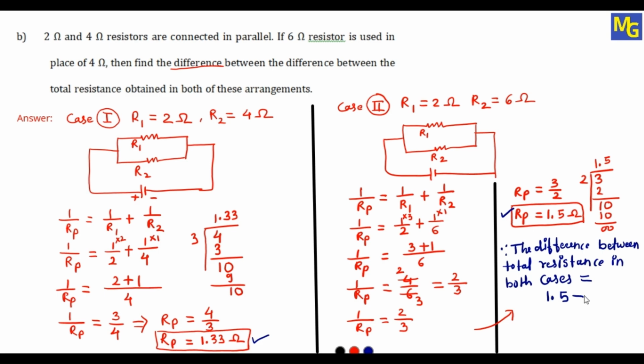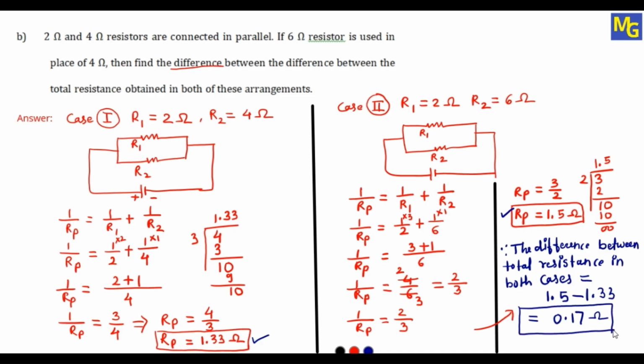The larger number we write first and then the smaller, and minus it, here we will get 0.17 ohm. So this is our final answer. Write this answer into the box.